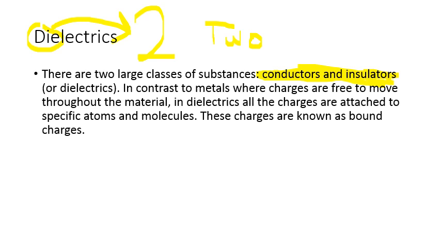For example, all the metals. Copper is a conductor, iron is a conductor, aluminum is a conductor, and these conductors have many electrons.